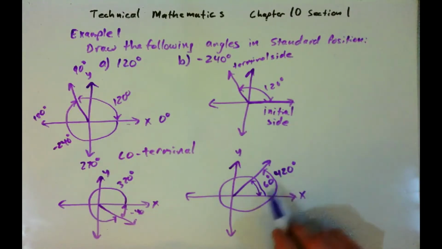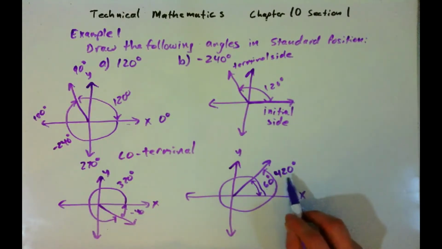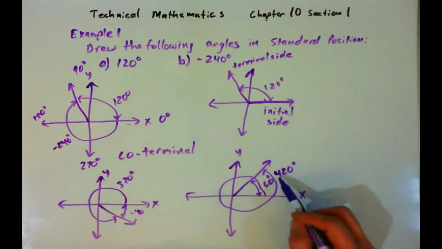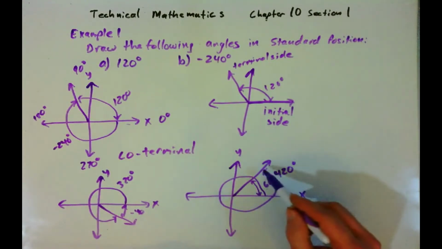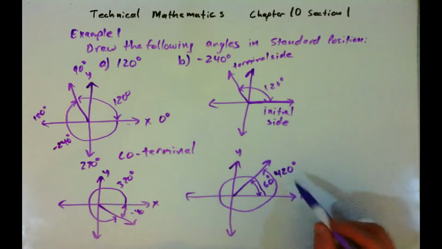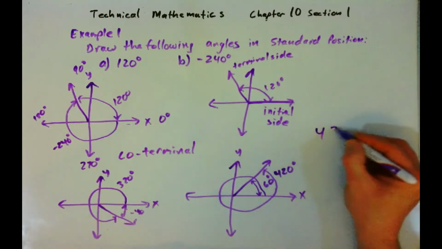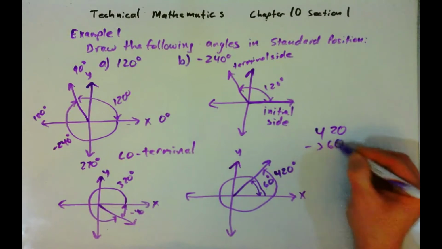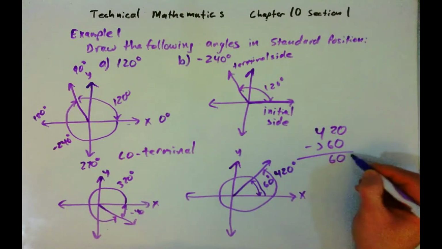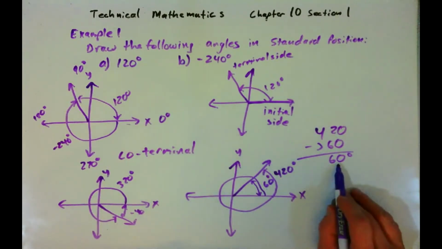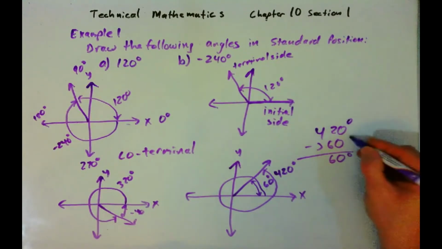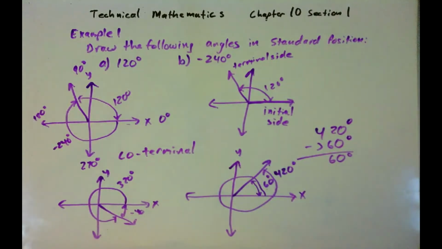Now, we would normally call this 60 degrees rather than 420 because we want our angles generally to be less than 360. If we've made one complete rotation and our angle is greater than 360, we can subtract 360. 420 minus 360, and we will get 60. And so 60 degrees and 420 degrees are coterminal.